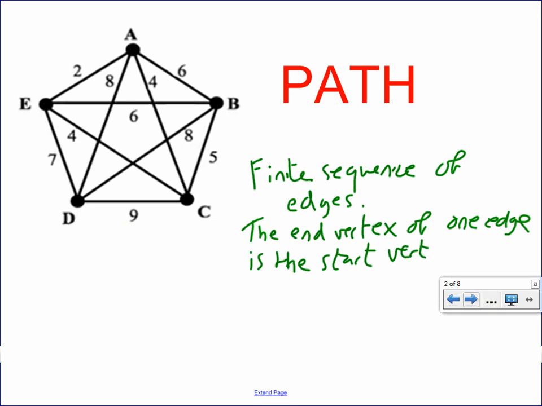So essentially, they're joined up. The edges are joined up, right? So, a finite sequence of edges, the end vertex of one edge is the start vertex of another.